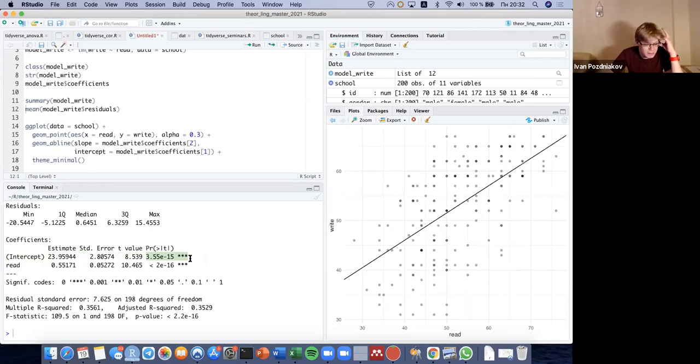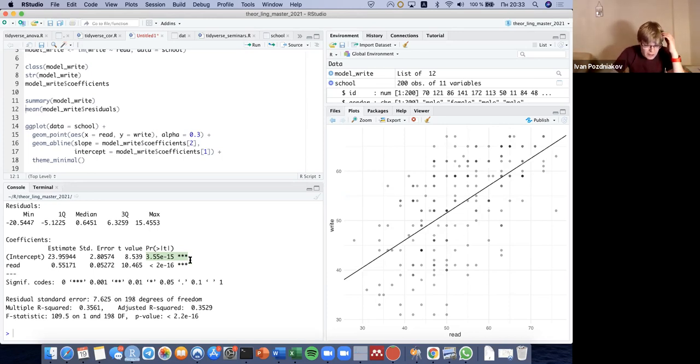But we don't care usually if the intercept is 0 or not. It is not so interesting. What we are really interested in is whether the slope is not a horizontal line.